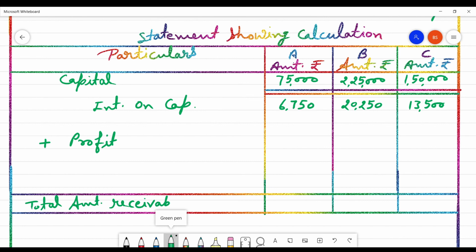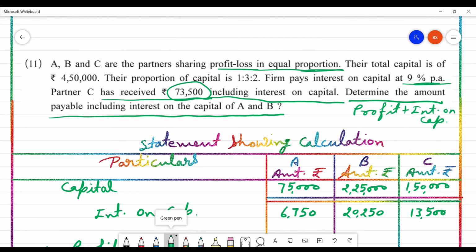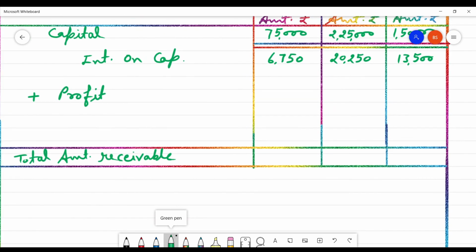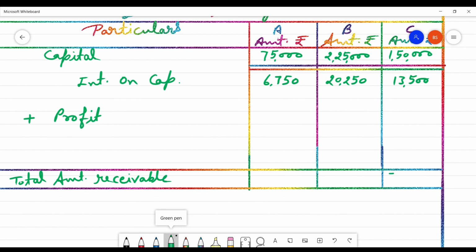So C will get what amount? We will see in the sum: 73,500. C will get 73,500 including interest on capital. So in the column of C, we will put the amount 73,500. After that, we will deduct 73,500 minus 13,500.